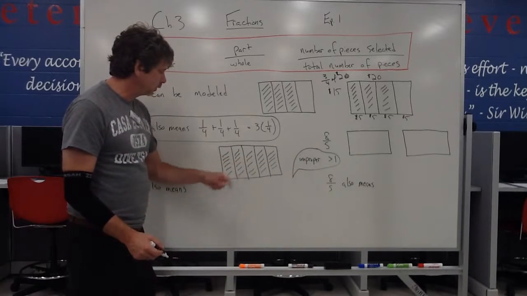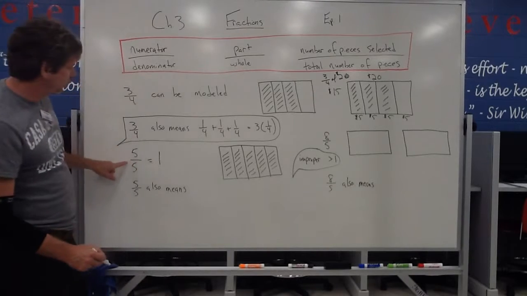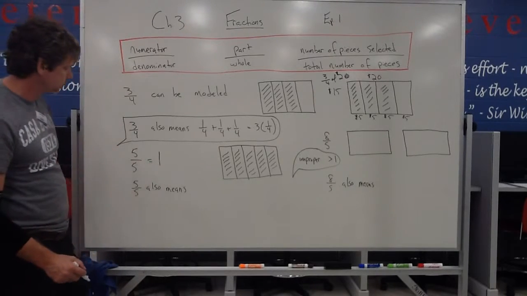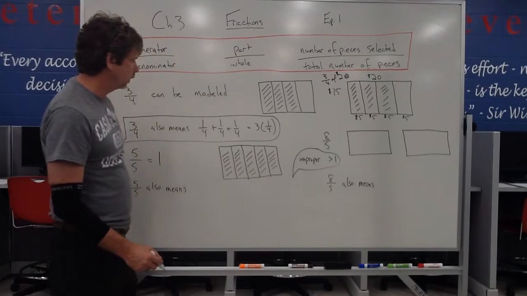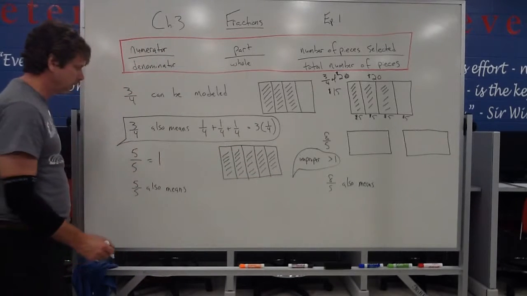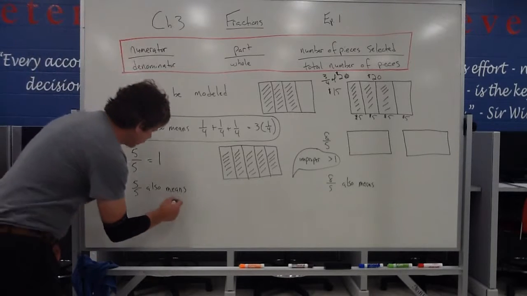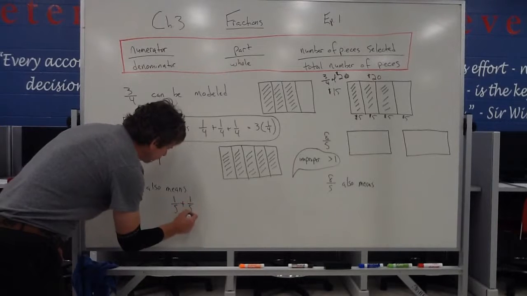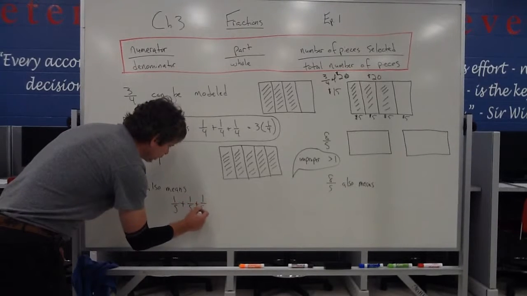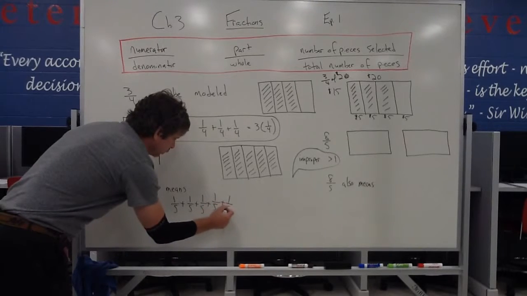So 5/5 is really the same thing as taking the whole thing. So 5/5 is the same thing as 1 whole, because you can see that I've taken all of it. That means I've taken 1 whole, 1 rectangle in this case. Again, 5/5 could mean 1/5 plus 1/5 plus 1/5 plus 1/5 plus 1/5.